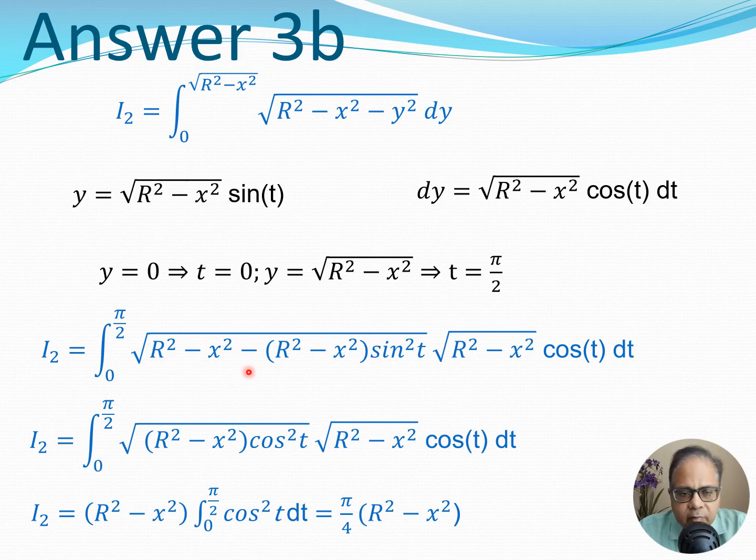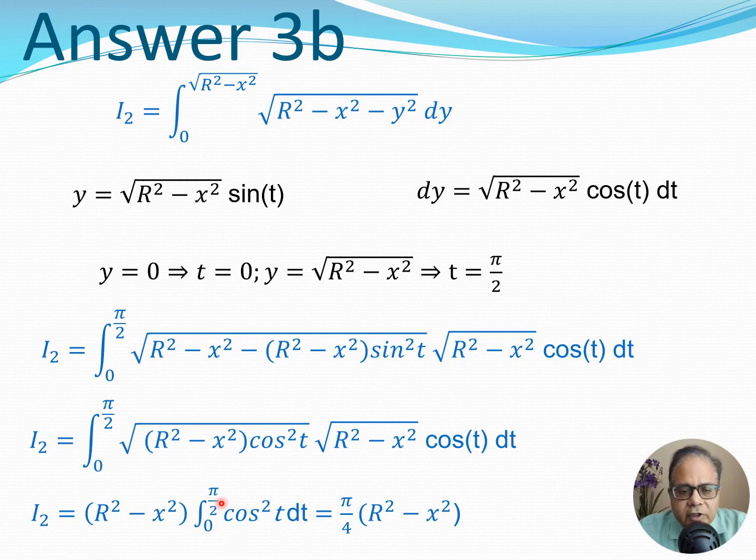If I take r square minus x square as common here, I'm going to get 1 minus sine squared t, so that's going to give me cos squared t here, and here I'm going to get this value. So I am going to get r square minus x square out of this particular integral, because there are two such values both under square root, and then I'm going to get cos square t dt, because remember this is root cos square t, so this becomes cos t, and we multiply this by cos t to get this here.